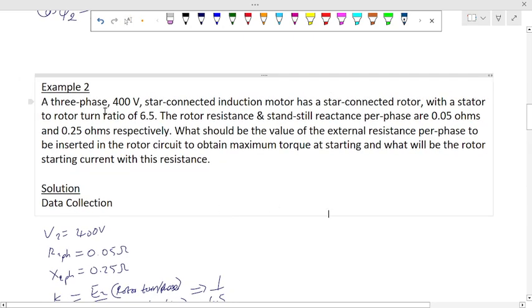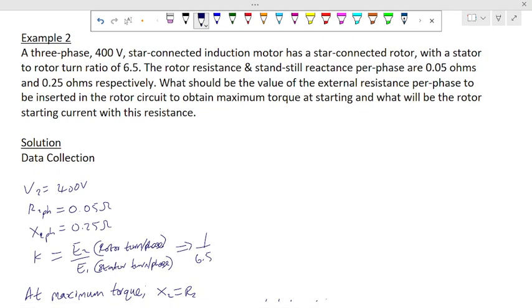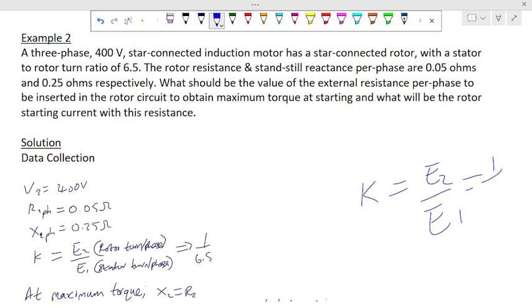Then with a stator to rotor turn, please note that stator to rotor turn ratio equals 6.5. Note that K, which is the transformation ratio, equals E2 over E1. E2 means the rotor EMF, and E1 is the stator EMF. It's also the same thing as saying the stator current over rotor current.